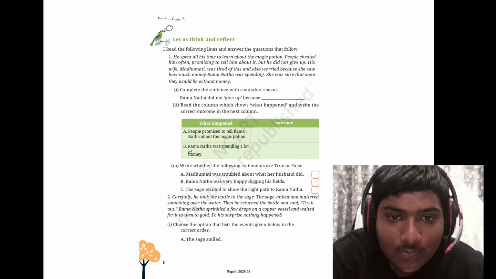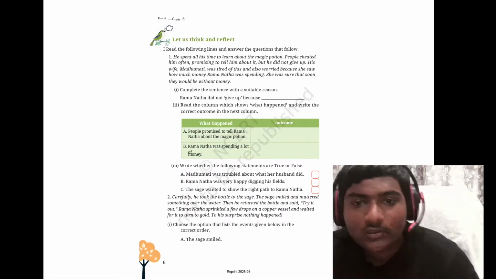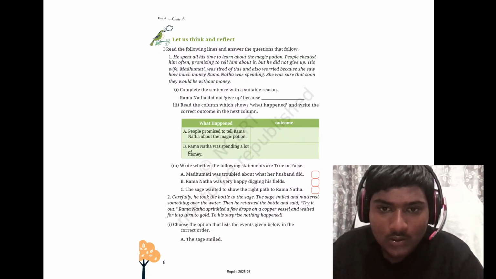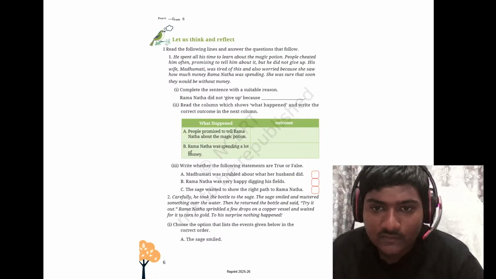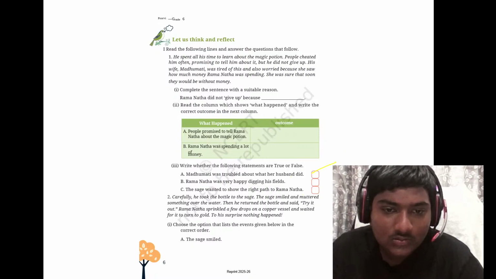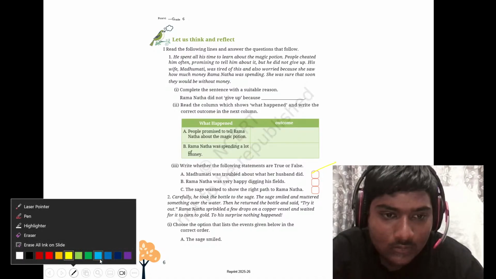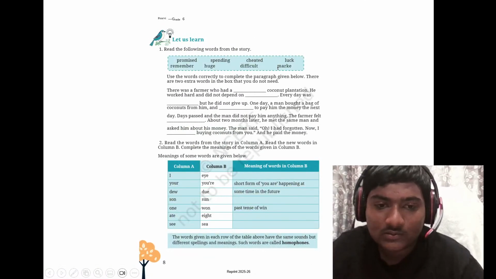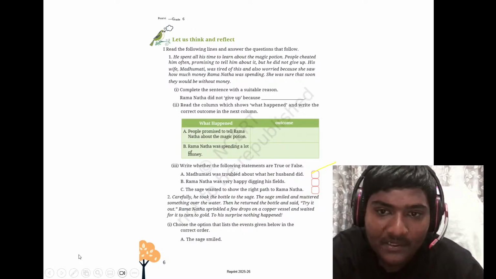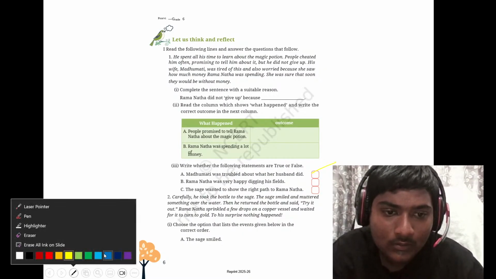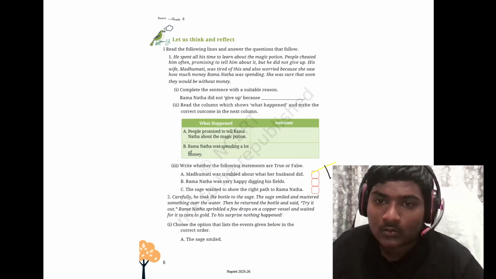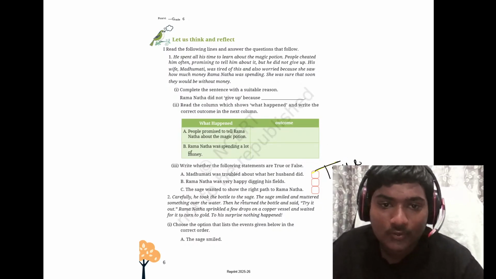Write whether the following statements are true. Madhumati was troubled about what her husband did. Yes, true.